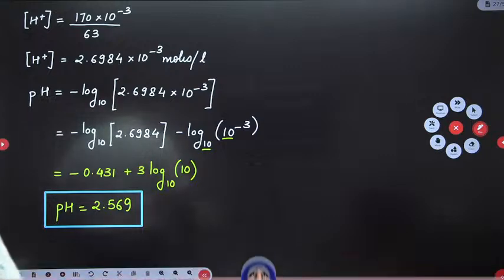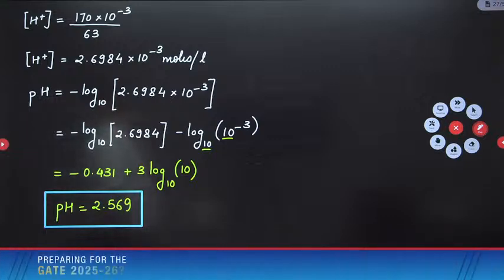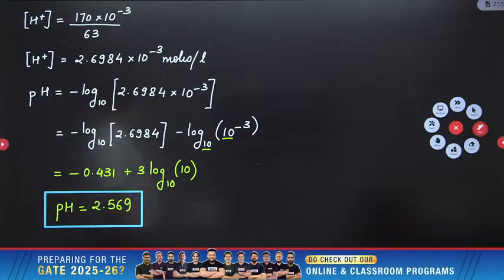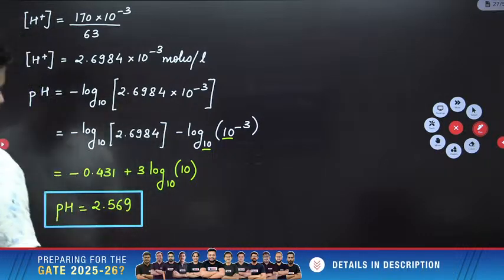Same answer for pH, 2.569 can be written as 2.57. Yeah, I think you are getting the same answer. So pH will be this.